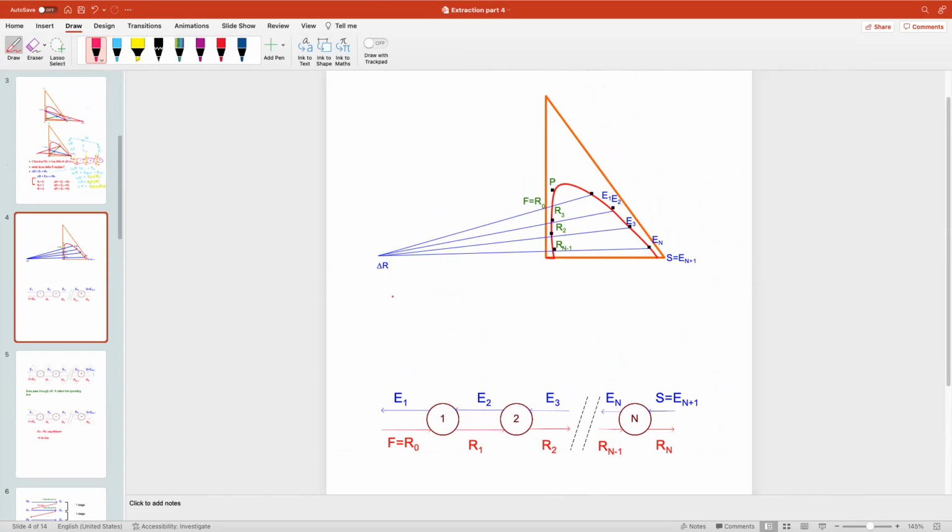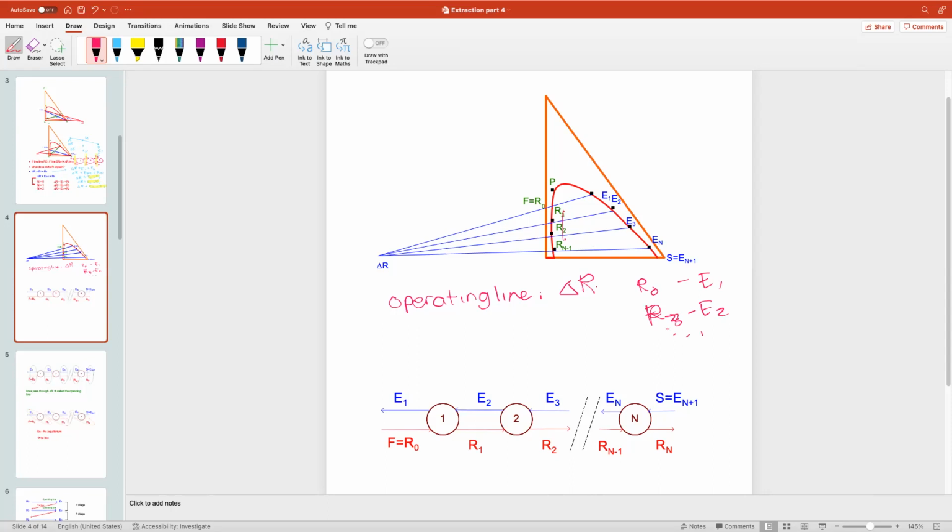For the operating line, to know which one is the operating line, you have to use delta R, and this tells you the correlation between, for example, R0 and E1, R2 and E3, or R3 and E2, and so on.